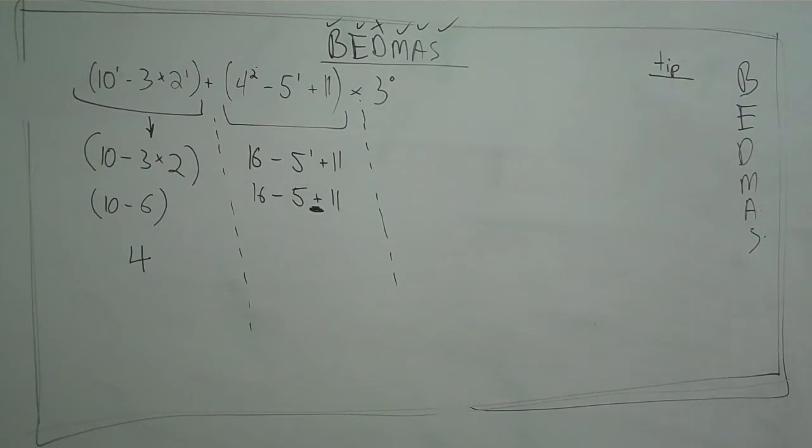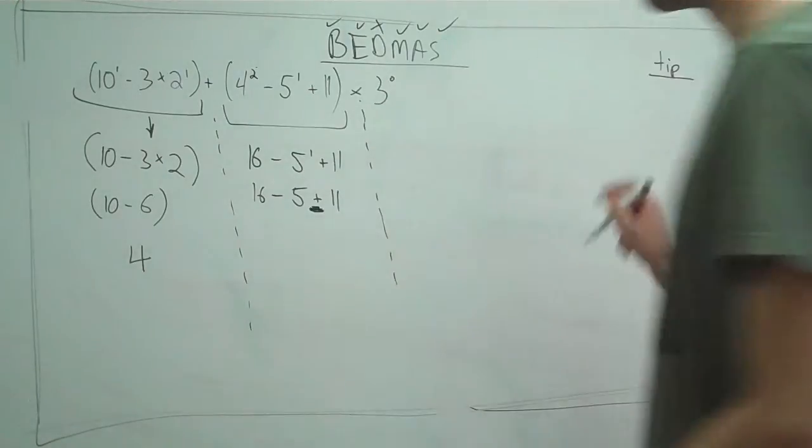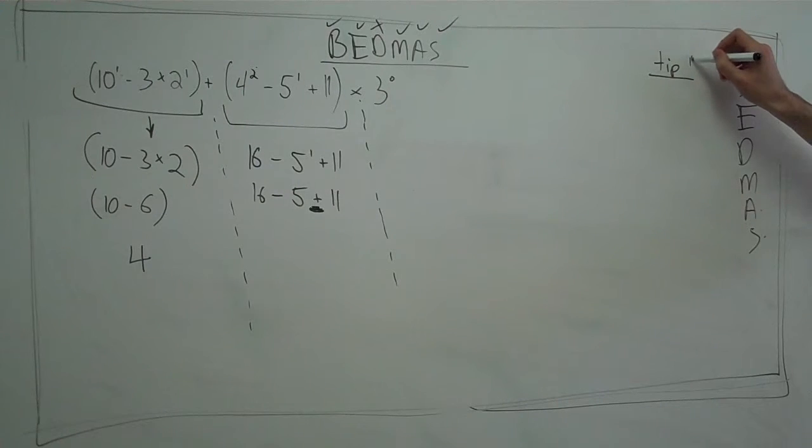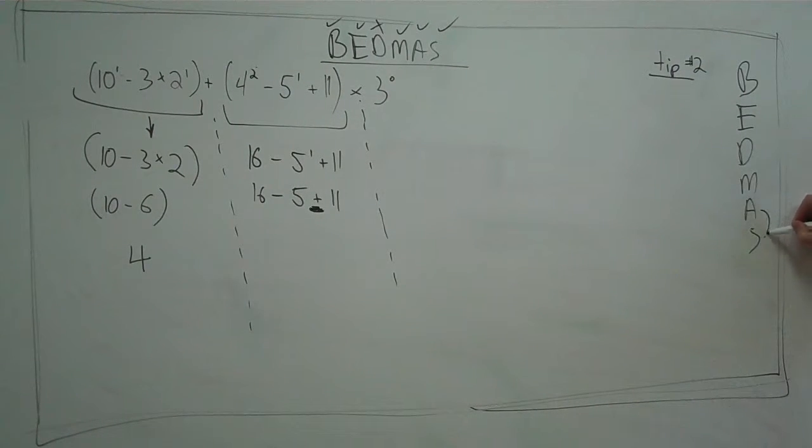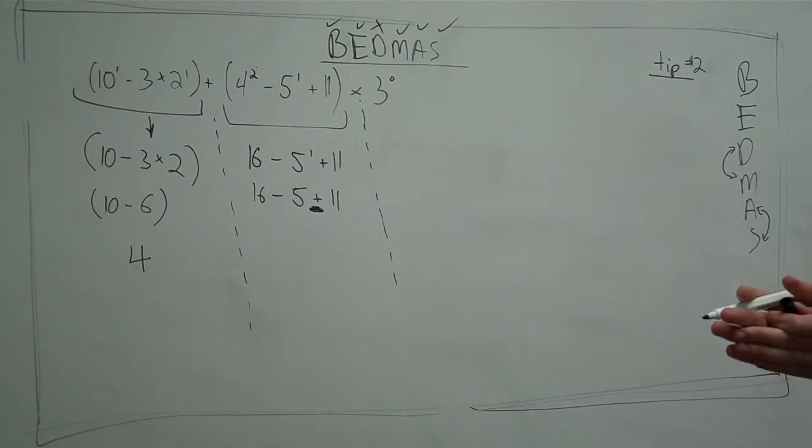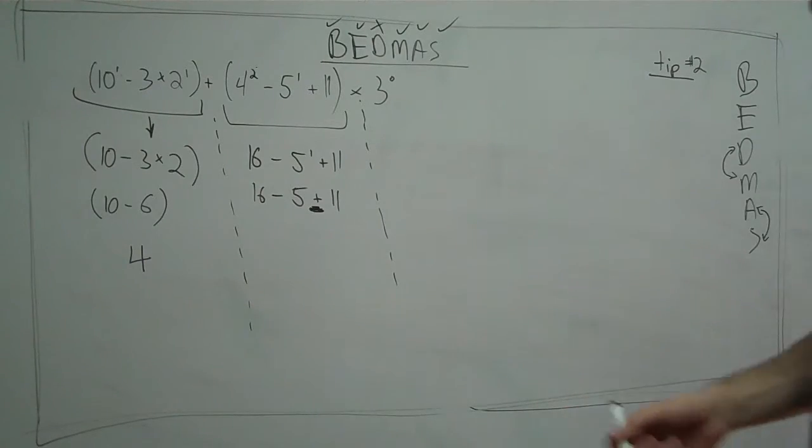But tip number 2 is, if you have addition or subtraction, or division and multiplication, they are interchangeable. Double-headed arrow. That means you can do either if you're left with just the 2 of those.